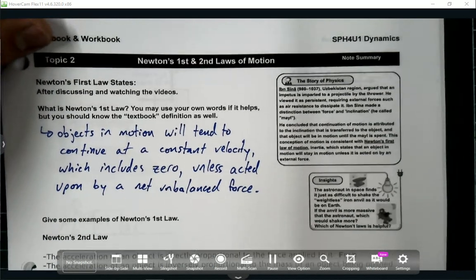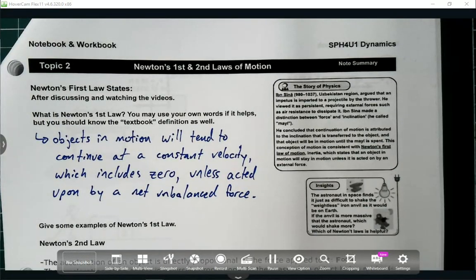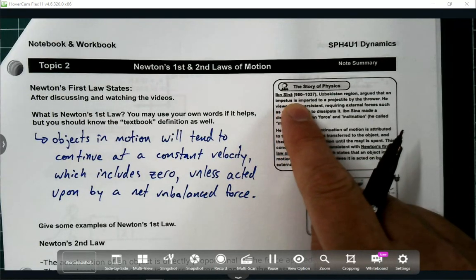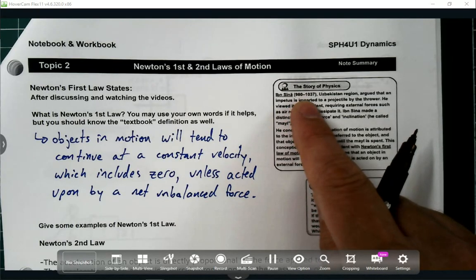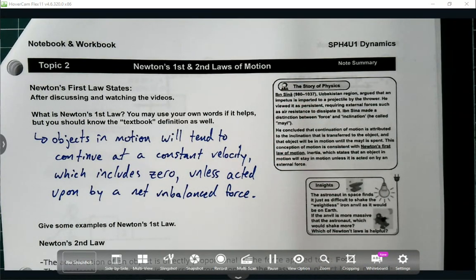Now, Mr. Newton gets the credit for this, but if you are looking in your book, there are other people that had the same idea. So in the years between 980 and 1037, there's another fellow that had basically the Newton's first law idea, talking about objects having an inclination to move in a way that's basically the same as Newton.